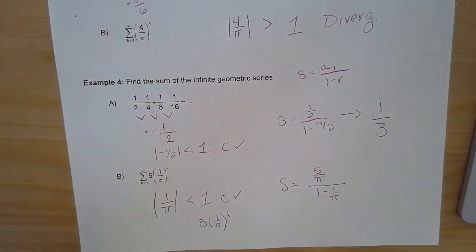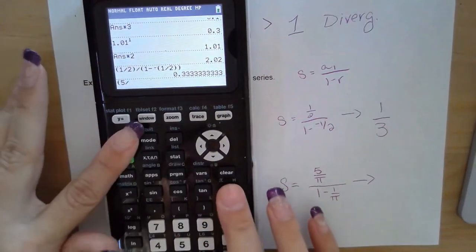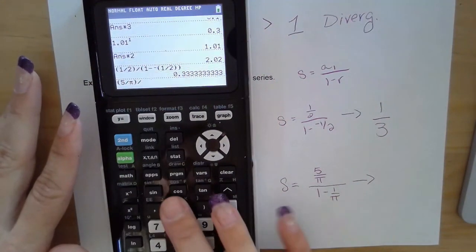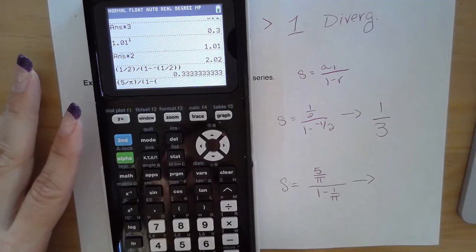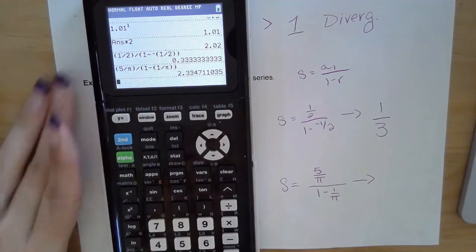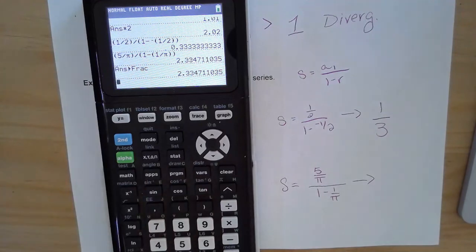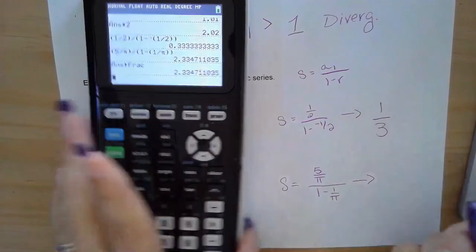Now I'm actually going to put this in our calculator and check that out. So 5 divided by pi, divided by 1 minus 1 divided by pi, equals that. So guys, we could actually make this into a simpler form instead of using decimals, but I'm going to show you so that you can see.